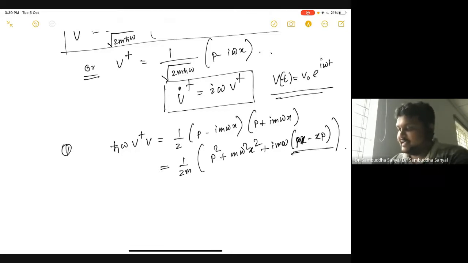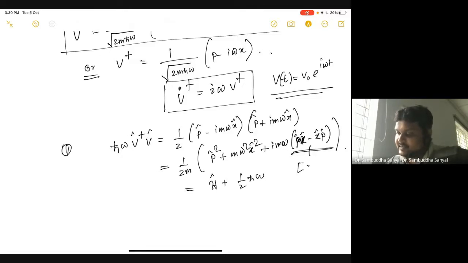Now, in classical mechanics, this quantity is 0. But if I give it an operator status, then this quantity is not necessarily 0. So then this quantity is h cut plus half h cut omega, because xp minus px is simply i h bar. So px is minus i h bar, and that's how we get this.